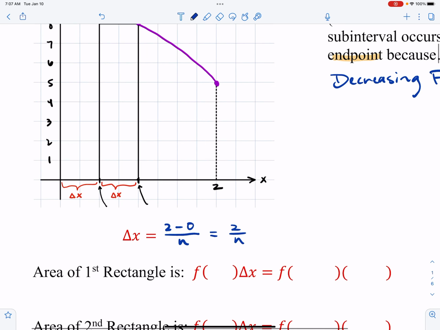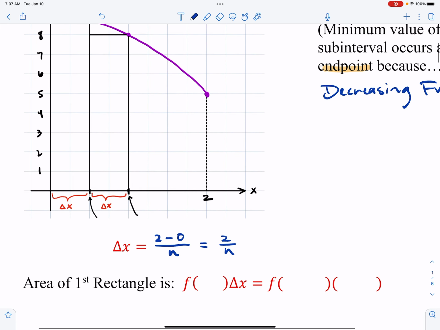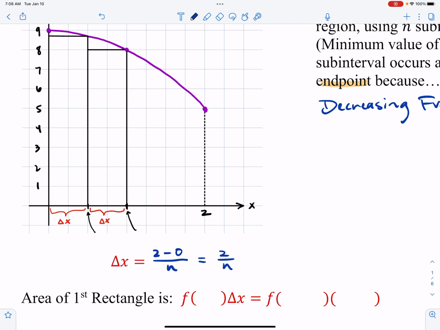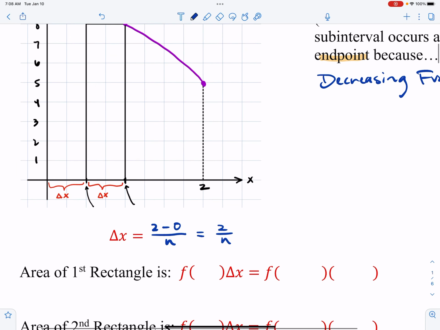Now, if we're just focusing on the area of the first rectangle, that would be the width of the rectangle times the height of the rectangle. The width of the rectangle will be delta x. We already have that there.